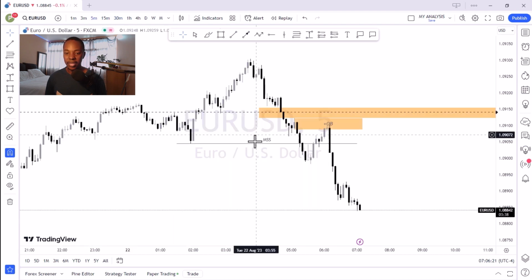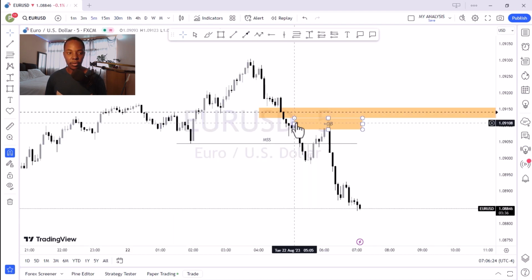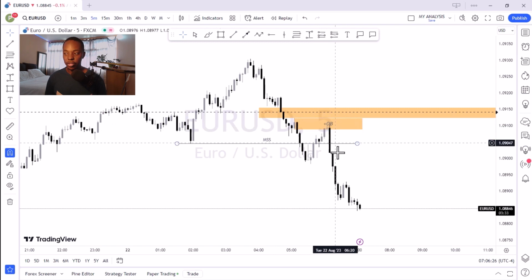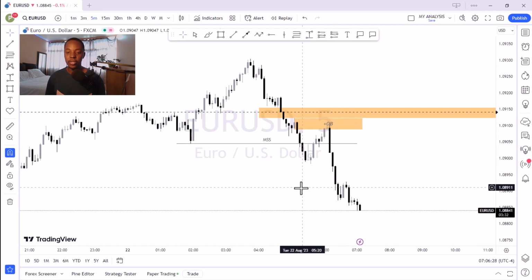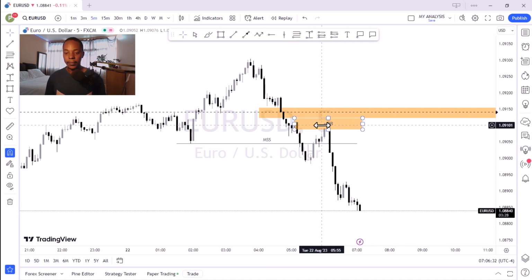It respected this order block on the 5 minutes and just dropped from there. So I didn't get a chance to take this trade, because even this order block, I didn't see it. I only saw it after this movement when it was going down. I was like, oh, there was an order block there that I missed. But my initial trade was a sell in this CB, which it didn't actually get into.